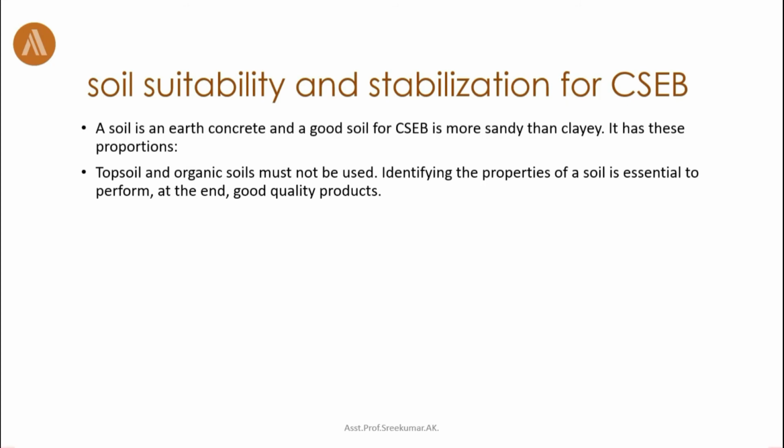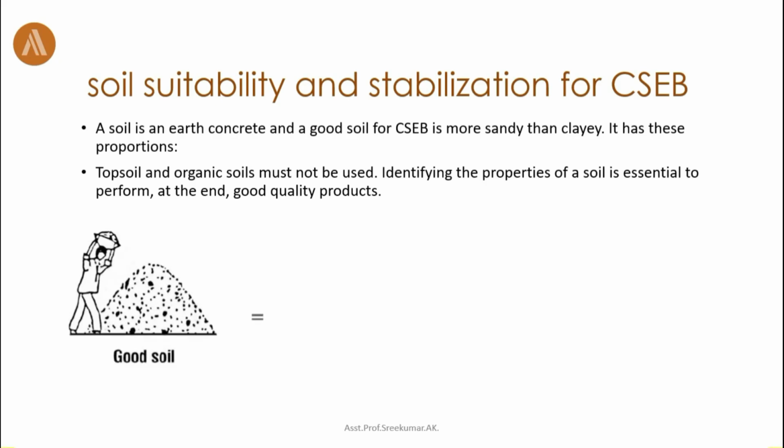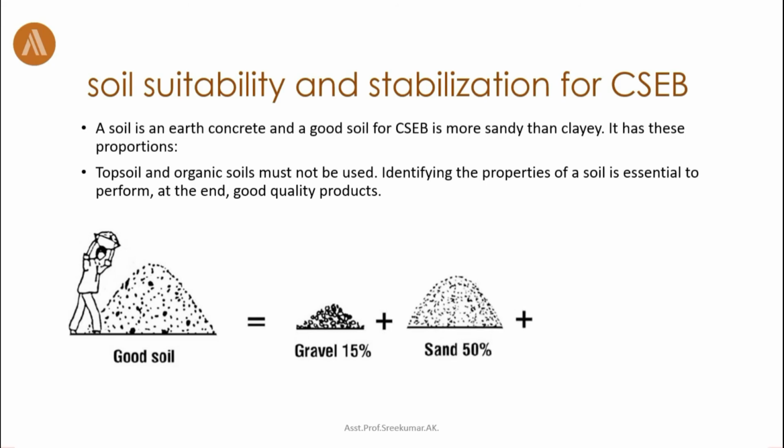Now just look at the soil suitability and stabilization for CSEB. A soil for earth concrete, and a good soil for CSEB, is more sandy than clay. It has these proportions. It consists of 15% of gravel, 50% of sand, 15% of silt and 20% of clay.